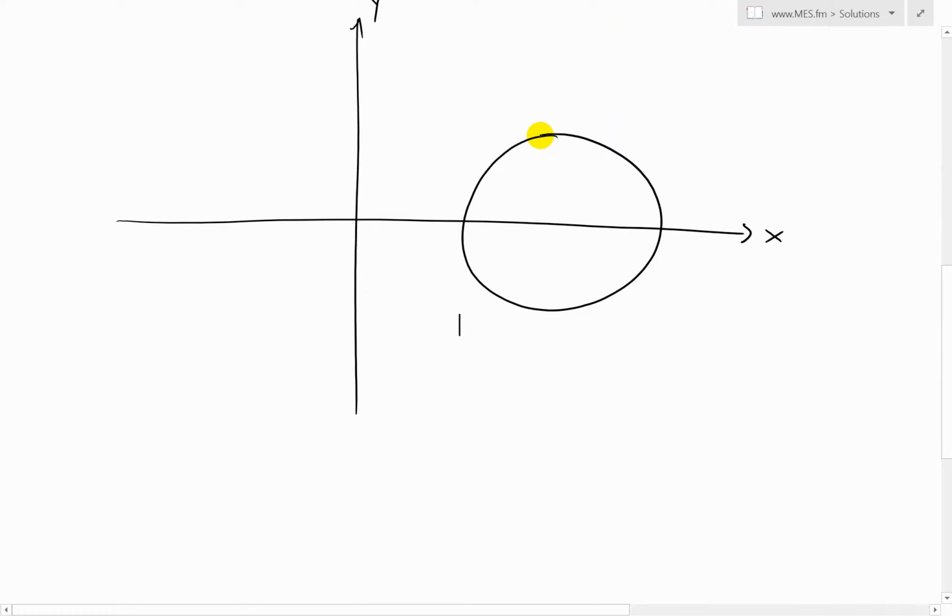The center of this circle is at the point (R, 0), and this point here is at R plus the radius of the circle, which is r, so (R + r, 0).